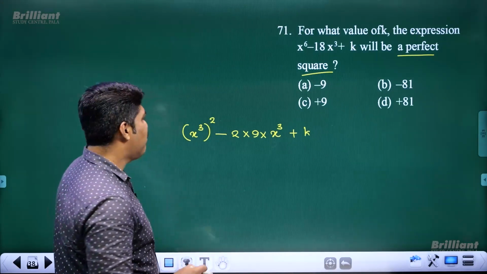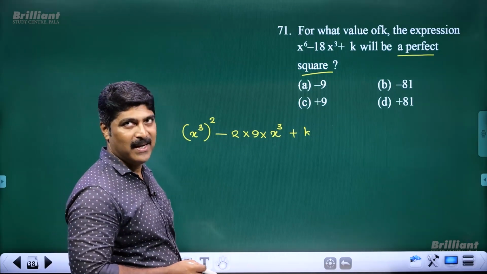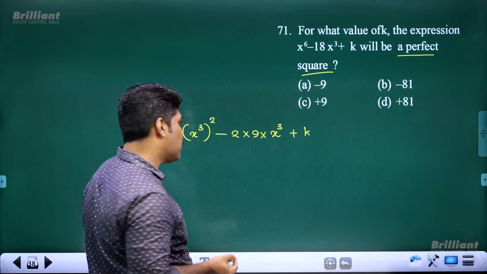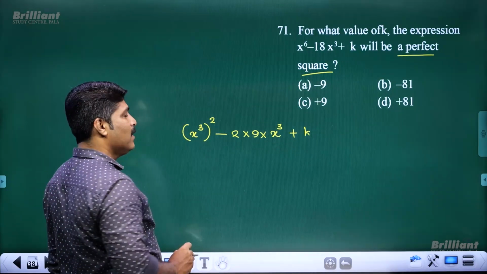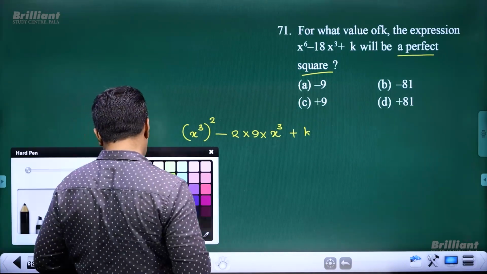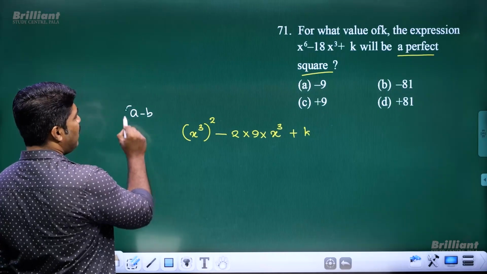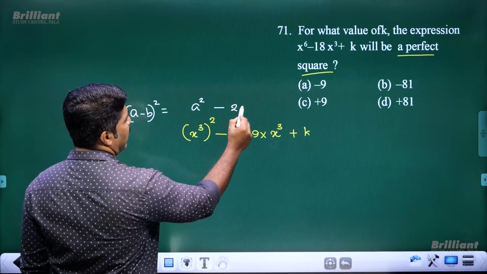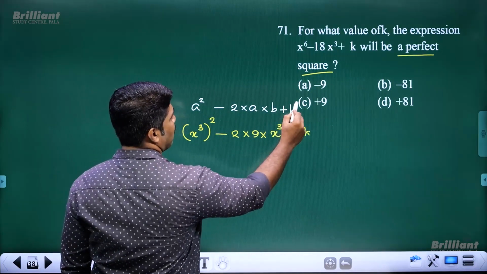This is nothing but in the form of a minus b the whole square. Correct? So if we want to make it a minus b the whole square, here this is a. What could be the value of b? It's in the form of a minus b the whole square, which is a square minus 2ab plus b square.